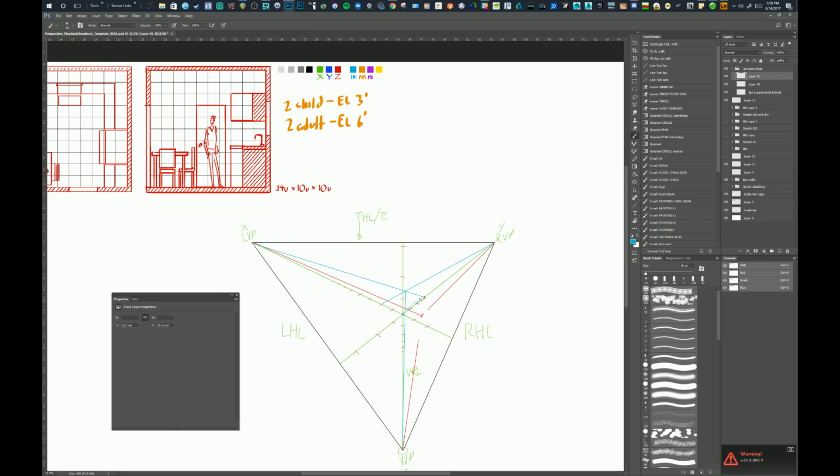So 1, 2, 3, 4, and then 2 units back. That's 4 units to the right, 4 units y, 2 units x back in space. So that means that this line right here, all the way down to z, is 4 units over and 2 units back. So 1, 2, 3, 4, 1, 2.